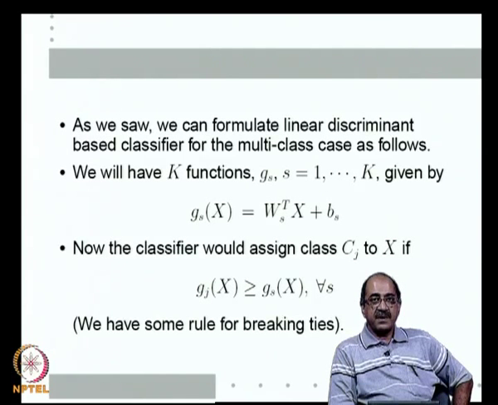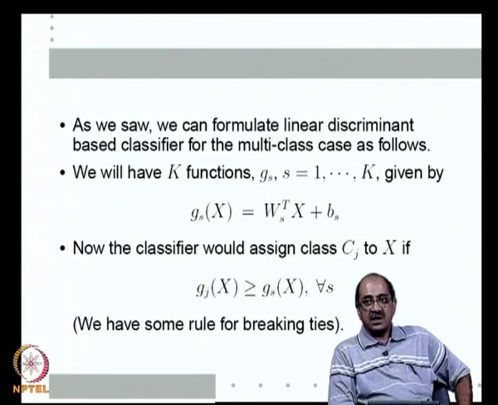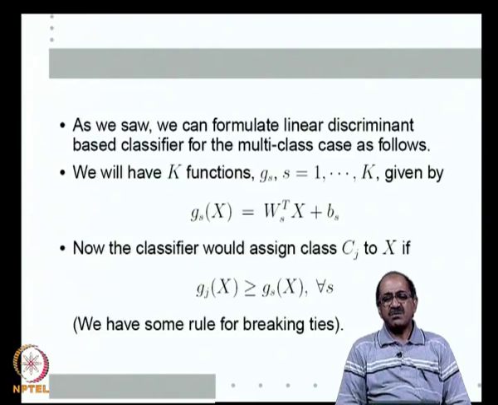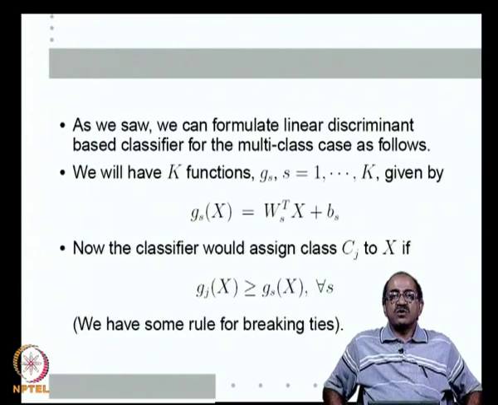Of course, there may be more than one j that satisfies this. So, maybe G1 of x and G2 of x have the same value and they are better than all the other values, then should I put it in 1 or 2? This is not as difficult a problem, because we can have some arbitrary way of breaking ties. For example, we will say that if more than one Gj satisfies this, I put it in the class with the least index.